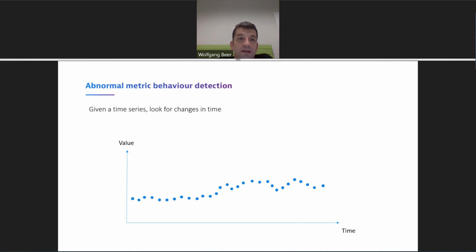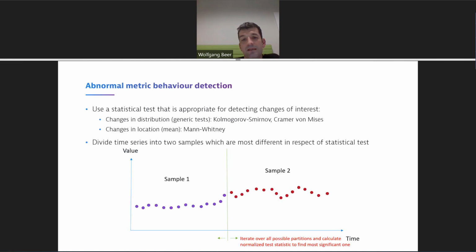So let's take a simple example here of a time series. And what Davis does automatically when visiting that component is it moves a separator between the different measurements over time, and divides the metric into the sample set of measurements before the problem started and after the problem started.